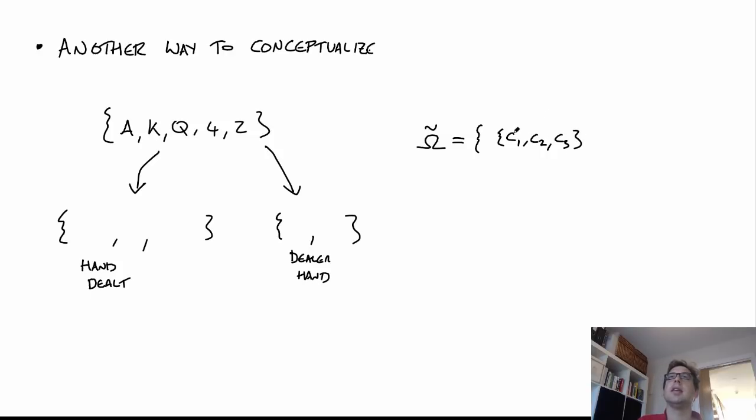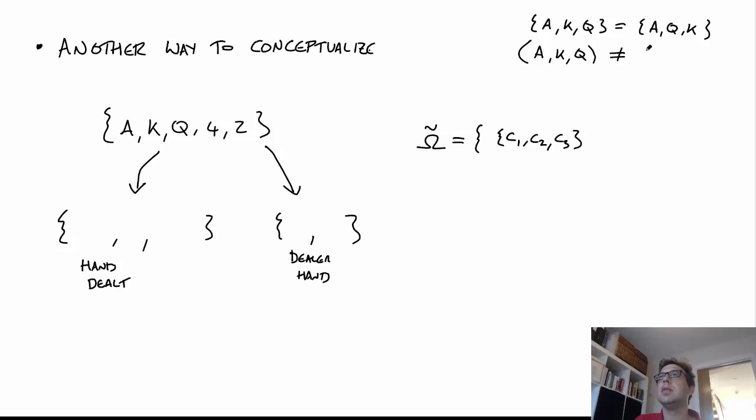So the set ace, king, queen is equal to the set ace, queen, king, whereas the coordinates ace, king, queen are not equal to ace, queen, king, right?